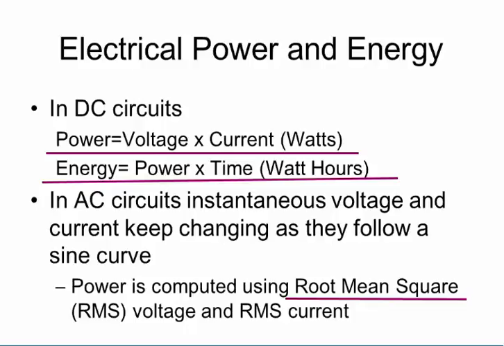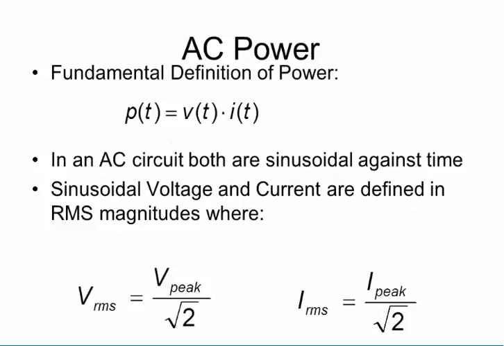So it actually gives you an energy that can be used by the load. And the equation typically used in calculations is power is equal to the voltage times the current. Fairly simple.